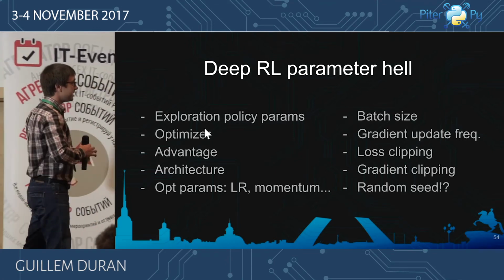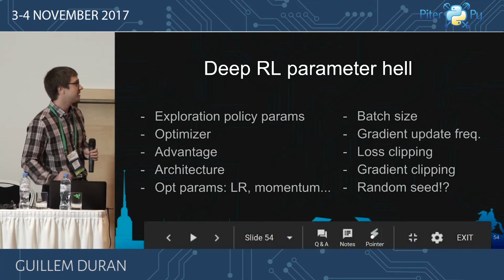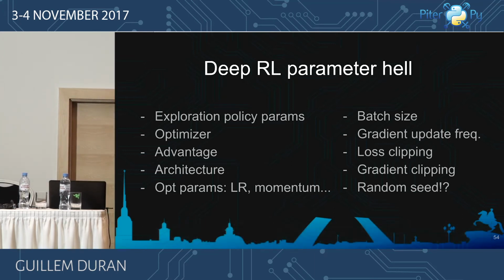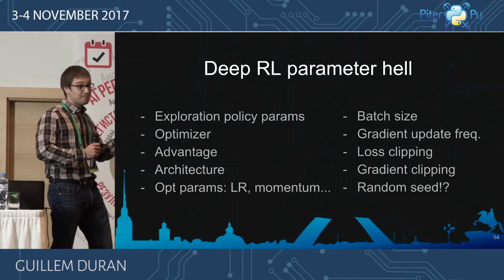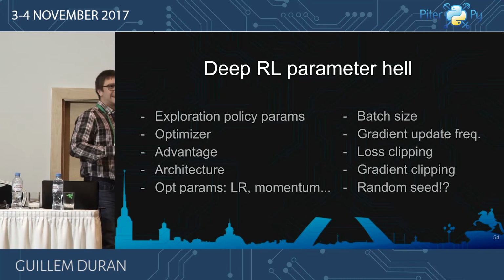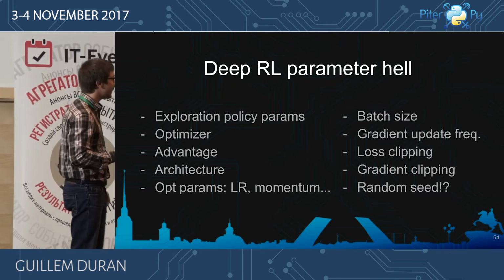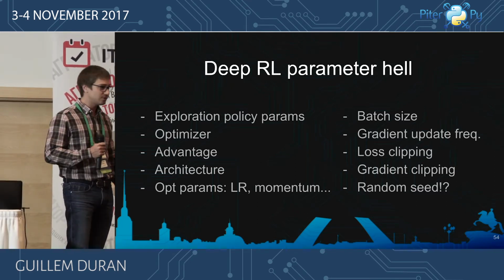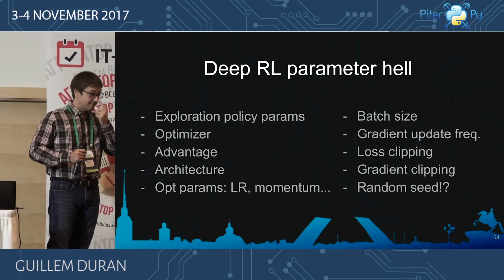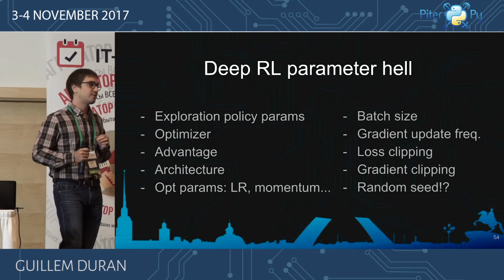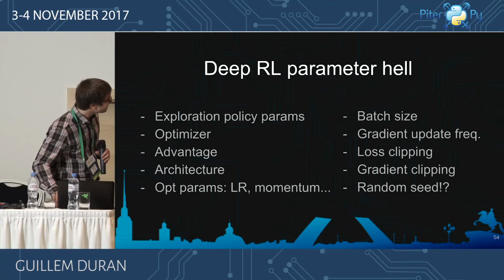How you explore your state space, how you choose your optimizer for the network, your advantage function, the architecture of the network, different optimization parameters such as the learning rate, momentum, the batch size, how you're updating your gradients with respect to how you generate data, if you are clipping losses or gradients, or even the random seed that you use can have a huge effect on how your algorithm will perform. Actually, there's a paper out there which says that you can find about 40% variance in your results depending just on the random seed that you choose. So yeah, pretty nasty.